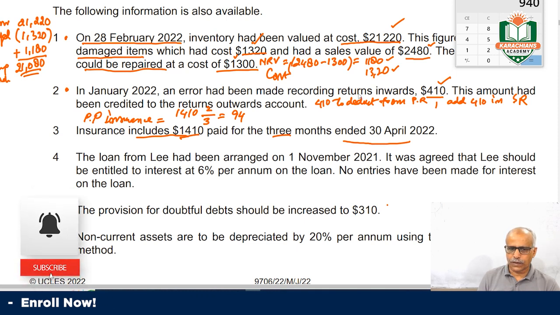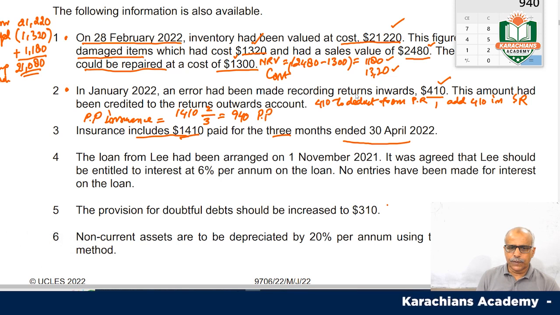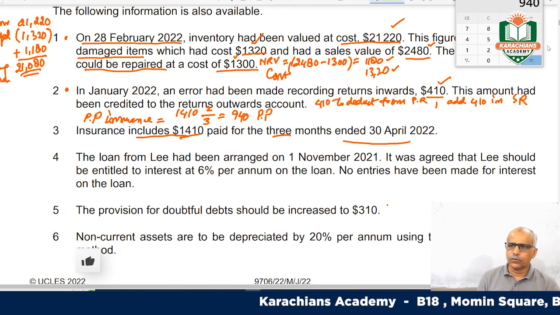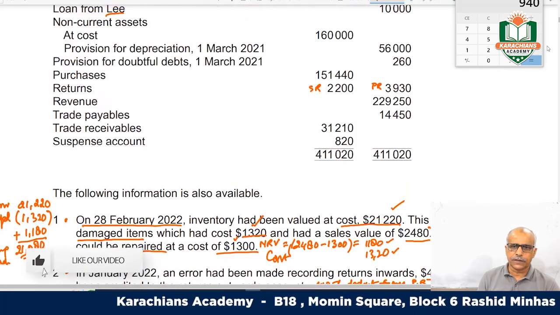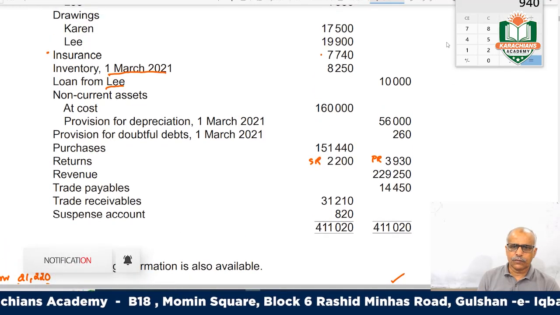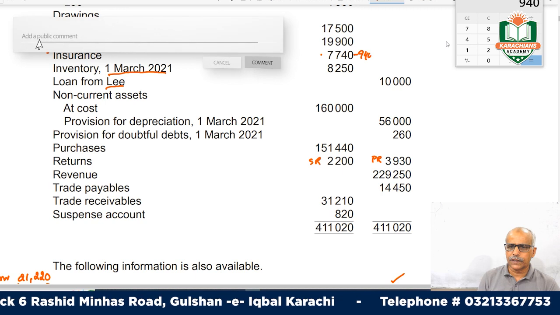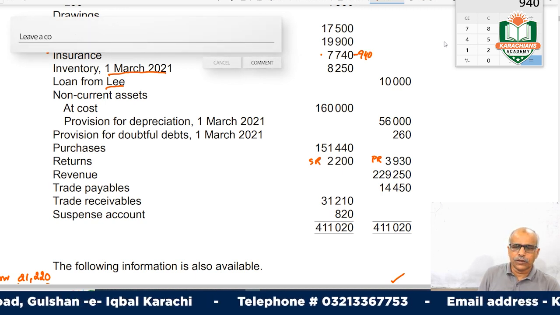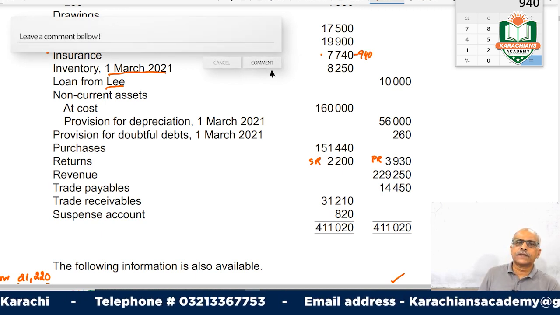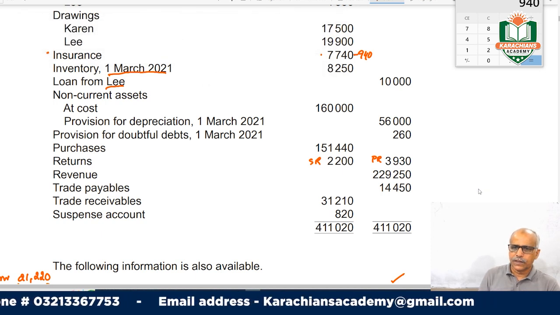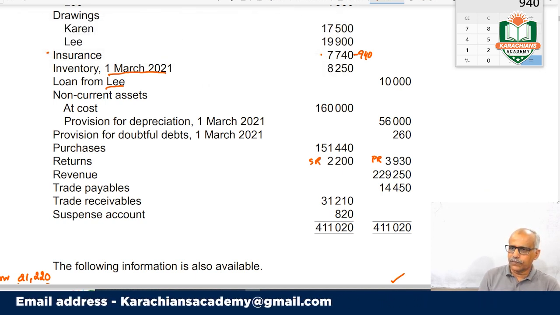This is your prepaid insurance. While preparing your income statement, you have to deduct 940 from this insurance, because 940 is the prepaid one, and the rest is expense. So we have done with this.